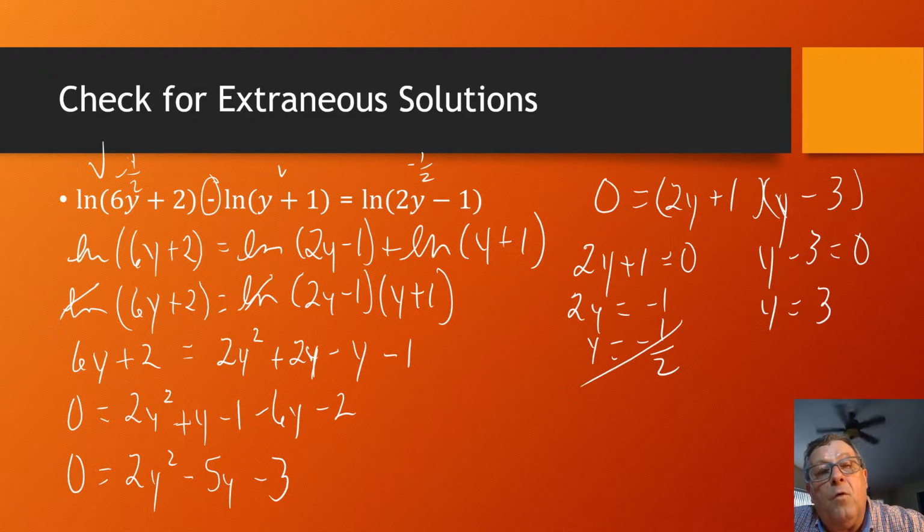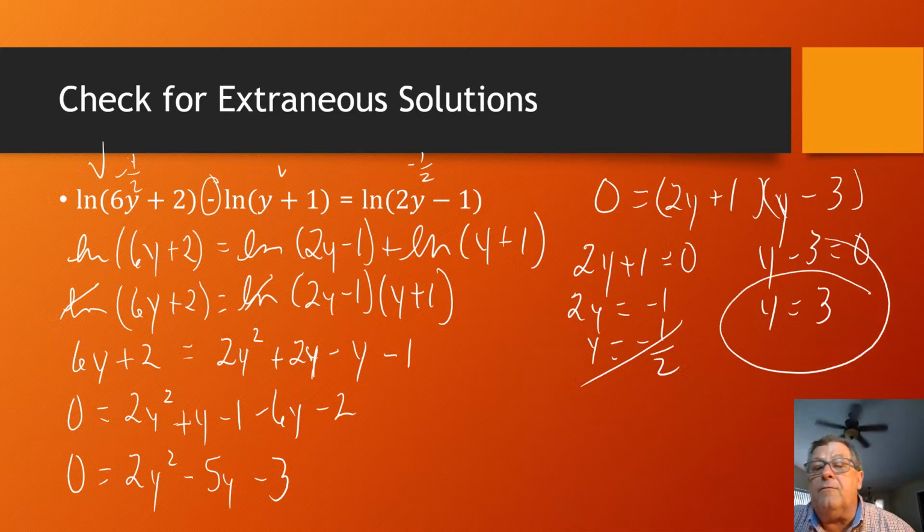So that'd be 20 divided by 4, and that would be the ln of 5. Okay, now what about on the right side? If I put 3 in there, 2 times 3 is 6, minus 1 is 5, so the ln of 5 does in fact equal the natural log of 5, and so 3 is a valid solution, but negative 1/2 is not.